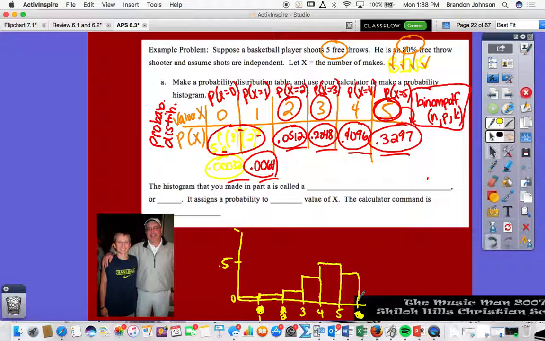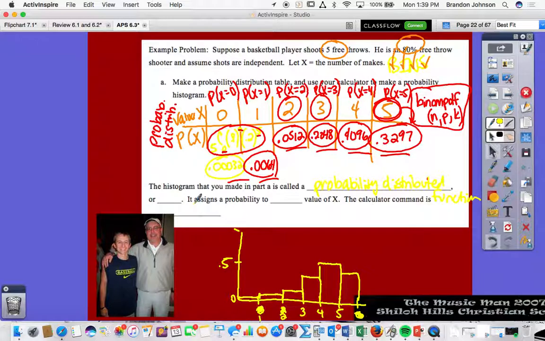So this histogram we made in part A is called a probability distribution function, so the way the probabilities are distributed. Good. All right.